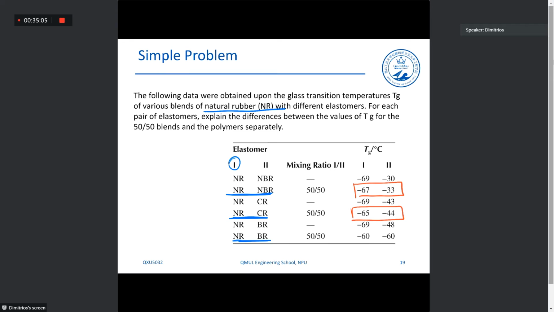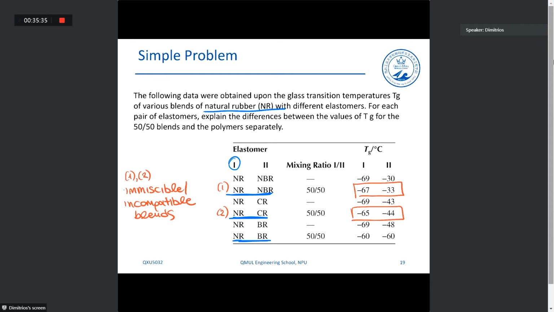What did we say about blends that have 2 glass transitions? Essentially, these are immiscible or incompatible blends. So 1 and 2 are immiscible, incompatible blends.